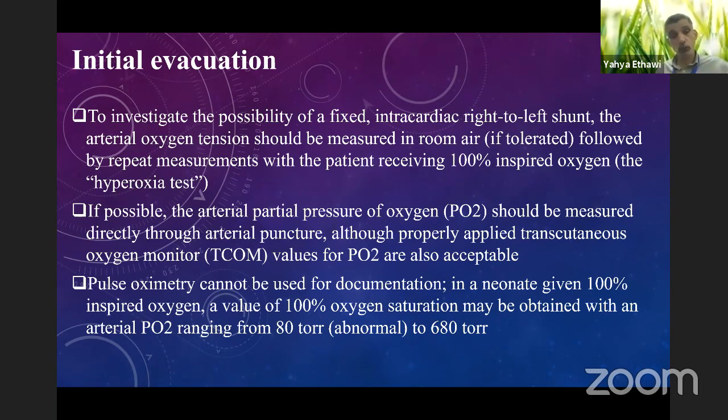If the PO2 is more than 250, it's mostly not a cardiac disease. If it's below 50 on 100% oxygen, mostly it's cardiac disease. If it's between 150 and 50, then it can be both. But remember that the lower, the more likely cardiac, the higher, the less likely. So you give 100% oxygen, you wait 15 minutes, and then you do a blood gas, or sometimes you can use the saturation monitor.